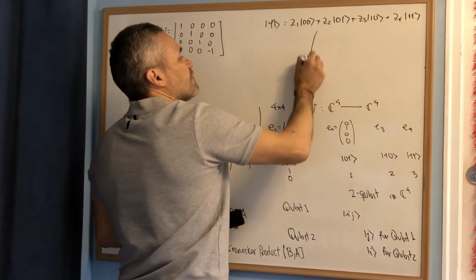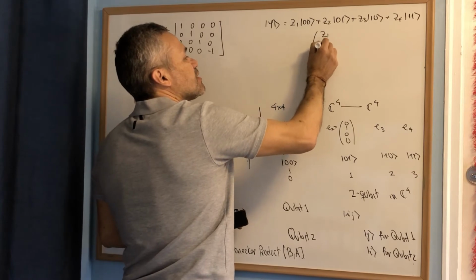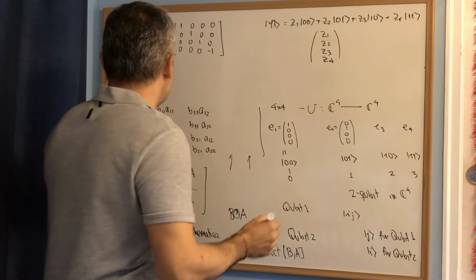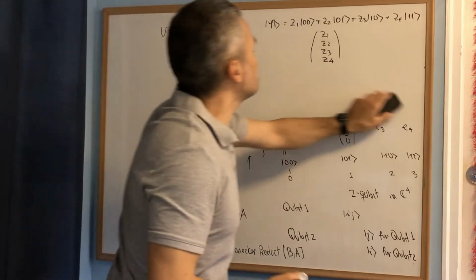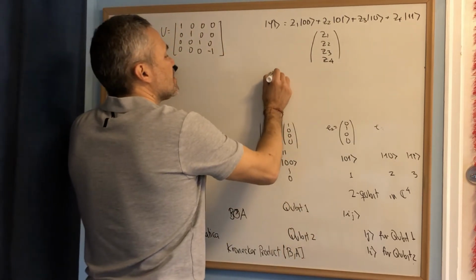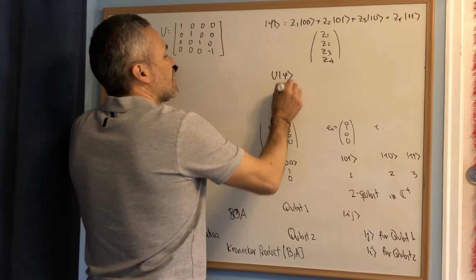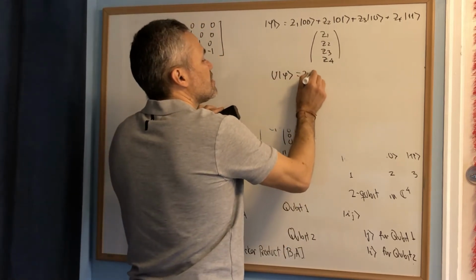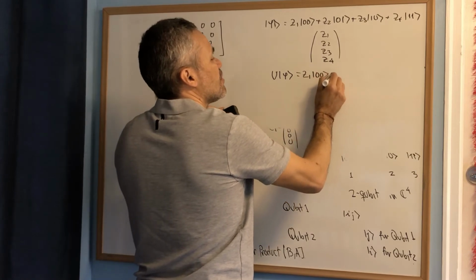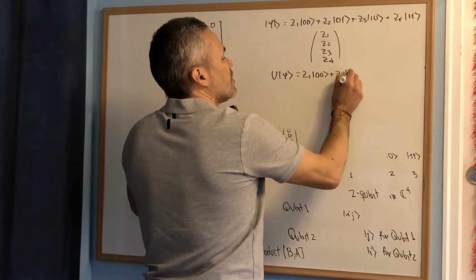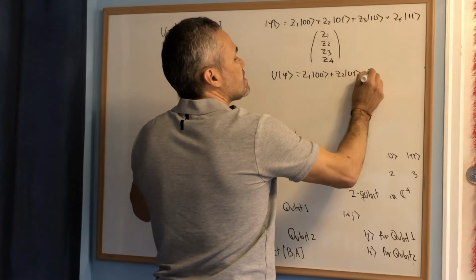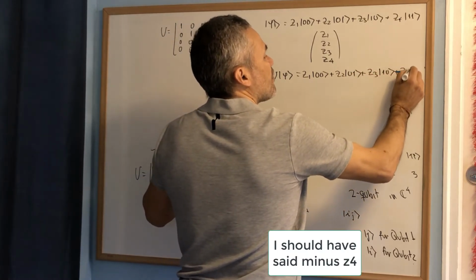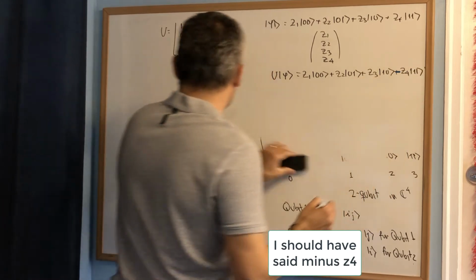Remember that this is identified with this column vector C1, C2, C3, C4, and we will see that this unitary matrix will take this ket into the ket C1 00 plus C2 01 plus C3 10 minus C4 11.